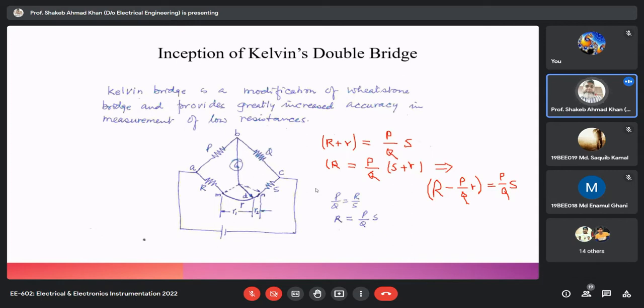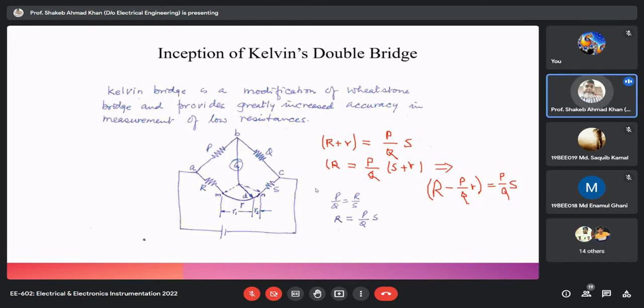So this bridge method is considered a very good method for medium resistance measurement, when the value of the known resistance is slightly high. But if it is a smaller value, then this method has an issue due to lead and contact resistance.